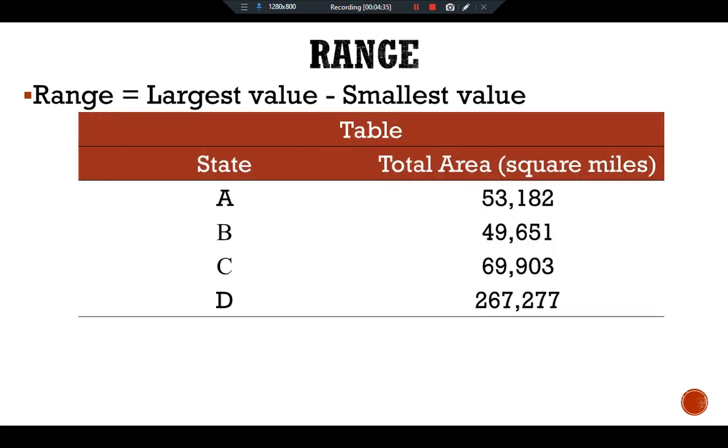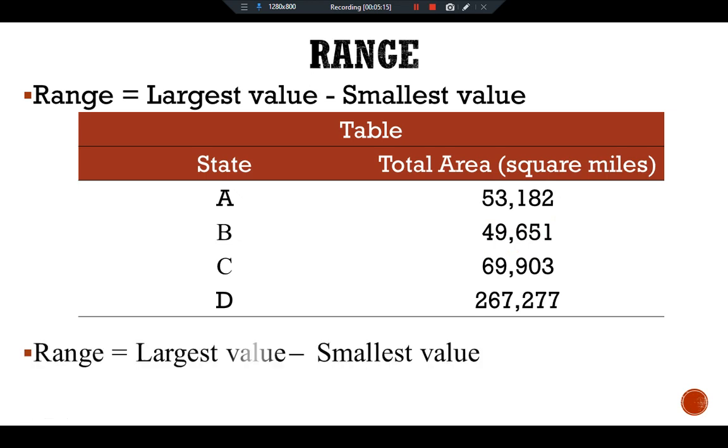We have the total areas in square miles of four United States states. Let's say we have the first, second, third and fourth state, and we have to find the range of this data set. The maximum value for a state is 267,277 square miles, and the smallest value is 49,651.